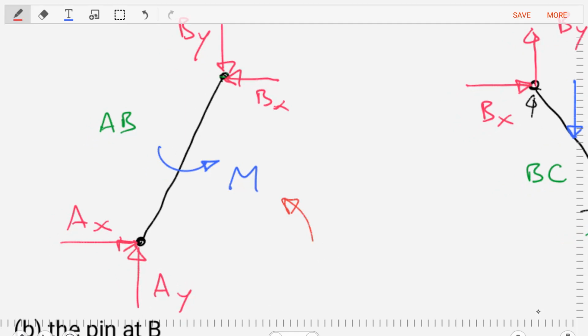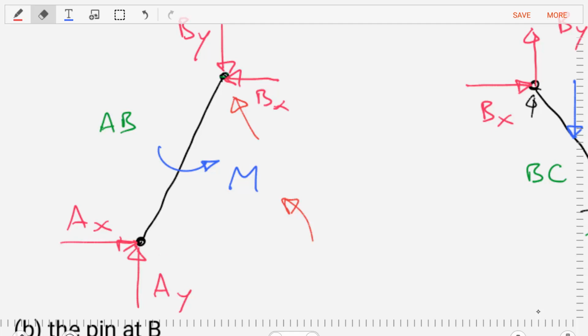We'll draw the line representing the beam. We'll put two points for A and B, and then we will replace our supports, our connection points, with reactions. So we replace the pin at A with an AX and AY, and we replace the connection point at B with a BX and BY.